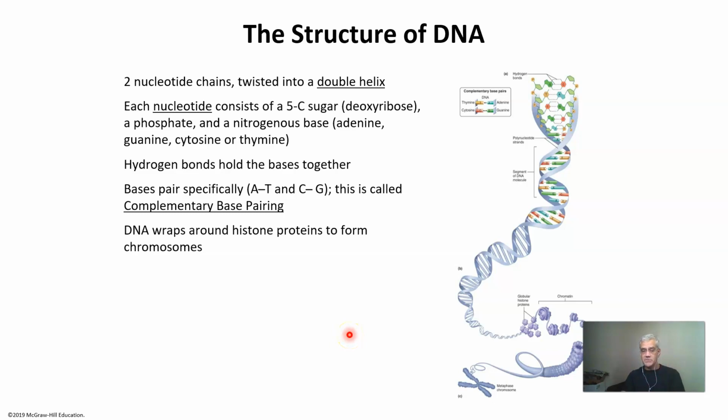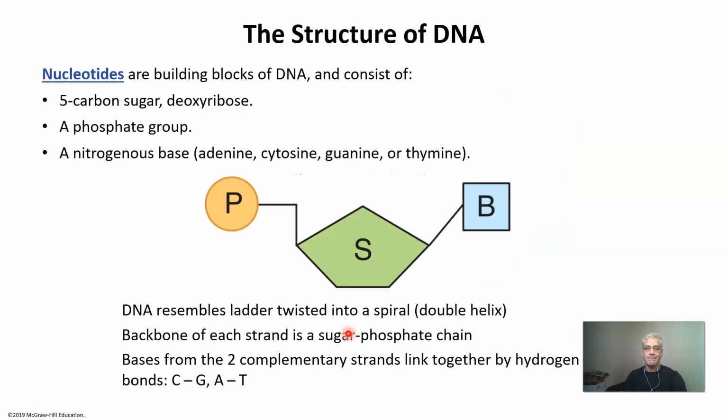When you go through mitosis, those histones package it up even more tightly, so tightly that it becomes a chromosome. It is no longer chromatin, it's a chromosome. All right, we'll get to that.